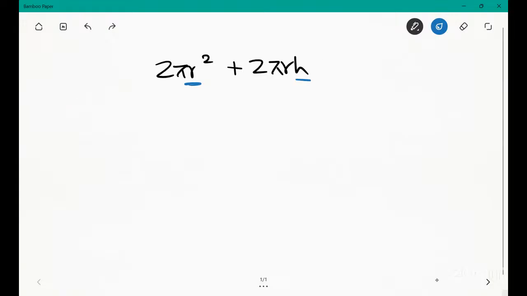So what they can do is give you the volume, the curved surface area, and maybe the height. So let's say 2 pi r h is equal to 660, so the curved surface area is 660, and they give you that the height is, let's say, 15.